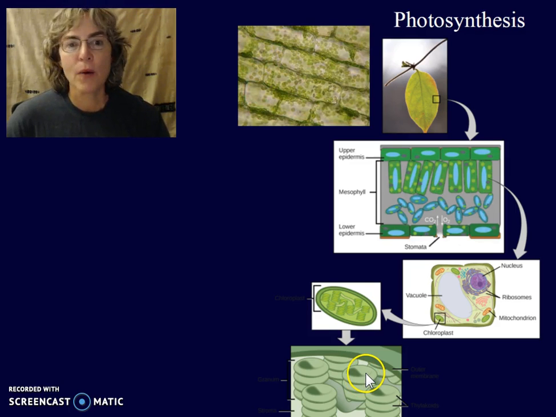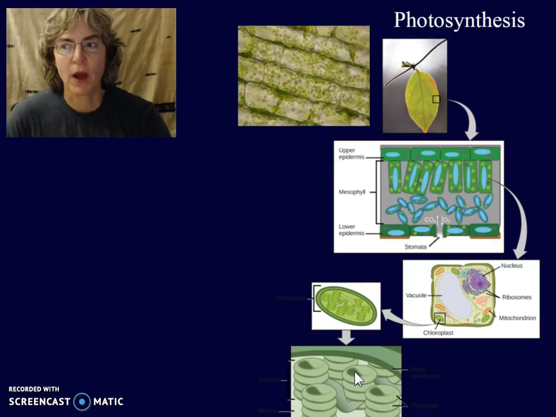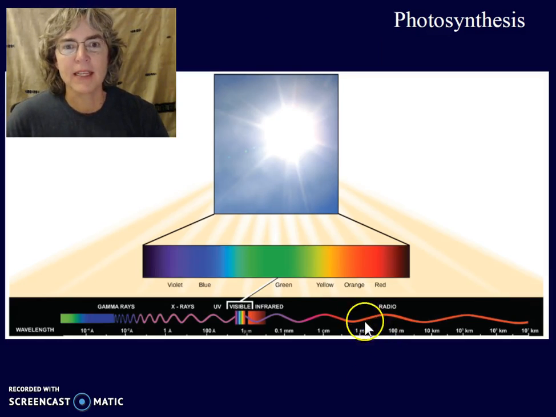And how is the energy coming from the sun gonna make glucose? So the energy coming from the sun, we know, is in a waveform and a particle form called a photon.